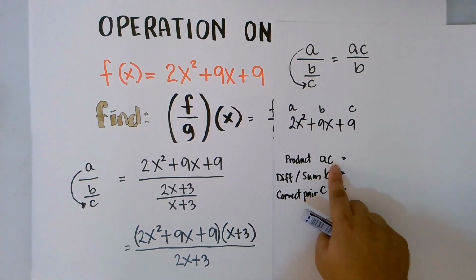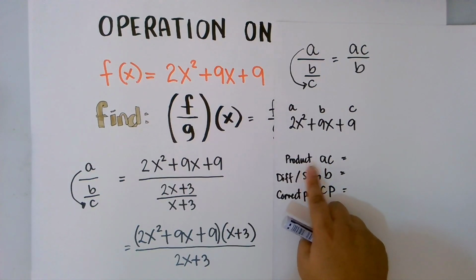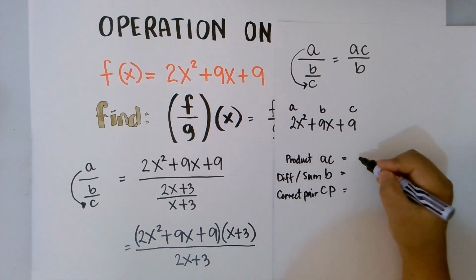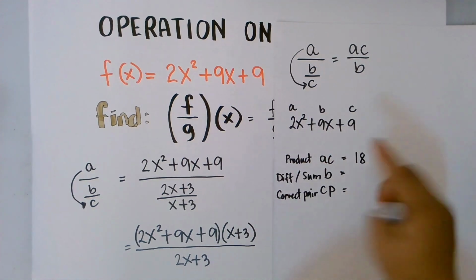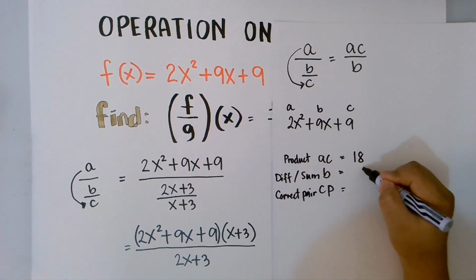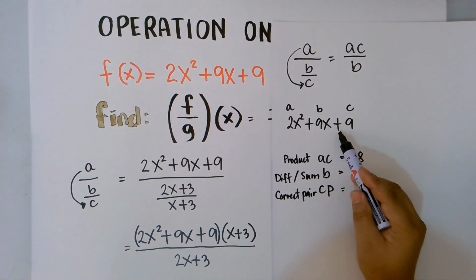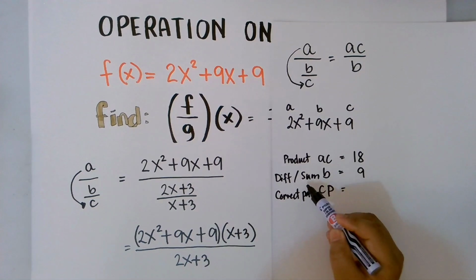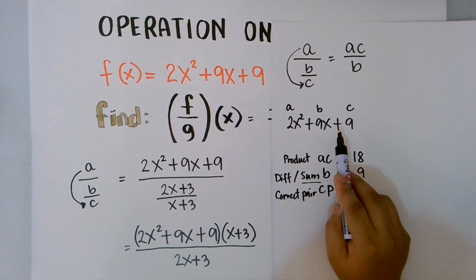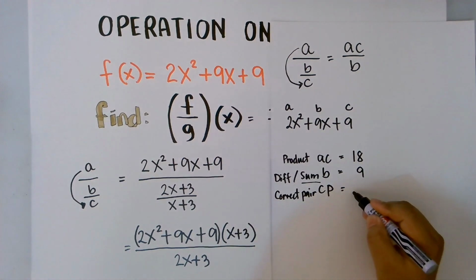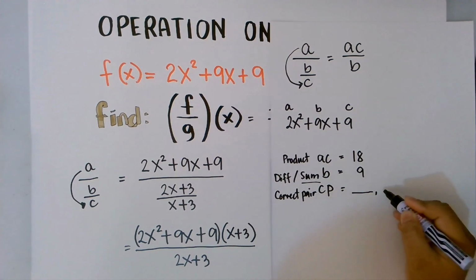So AC, that's the product. Meaning, we will multiply A times C. So 2 times 9, that is 18. And our B is positive 9. But if the sign of the last term is positive, then our B is a sum. Because if the sign of the last term is negative, that will be a difference. Okay? So now, we will take the two numbers, the correct pair.